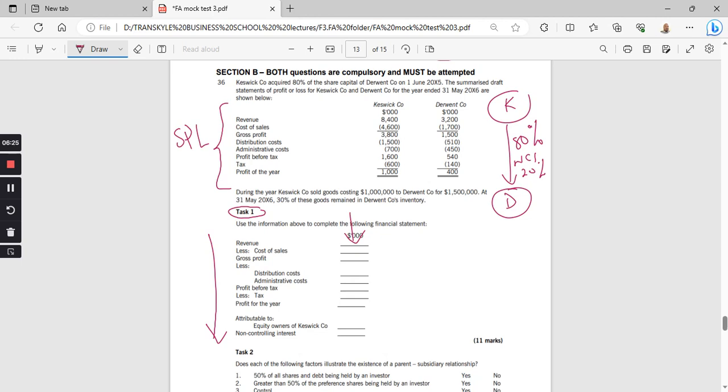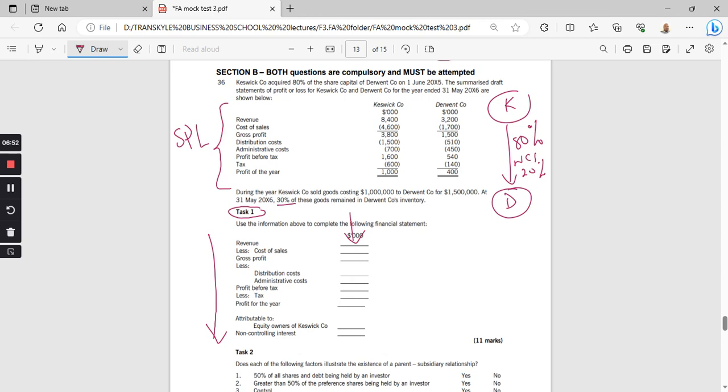So in the view of the group, if two companies which are under the same control sell goods to one another, no profit is being made unless those goods are subsequently sold to external parties. In this case, we are told that 70% of the goods were sold, but 30% were still in inventory.